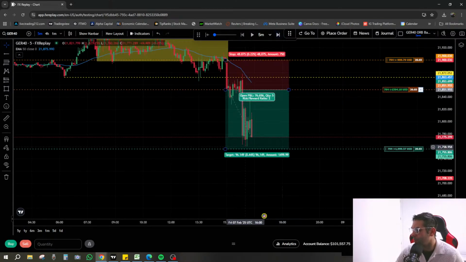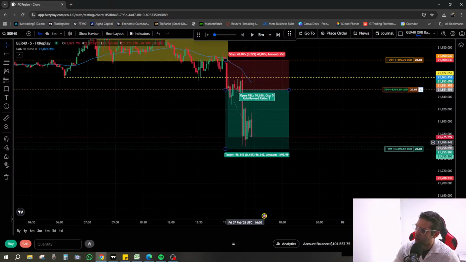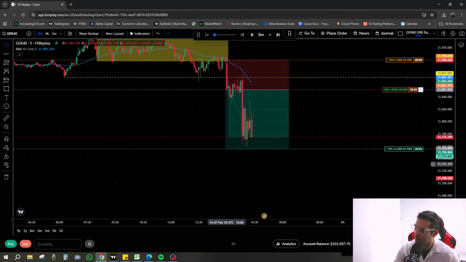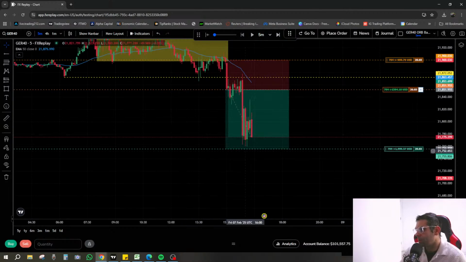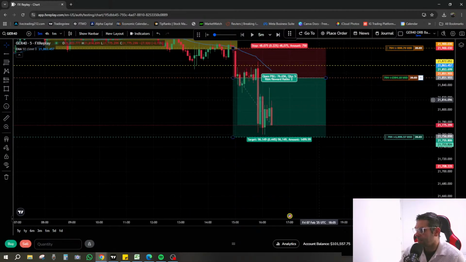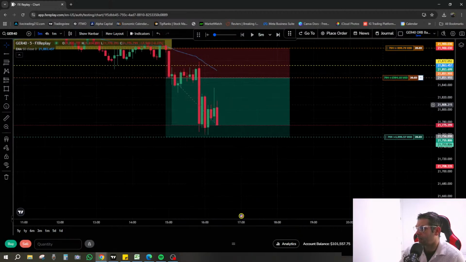I would have stopped it normally here because a lot of times when we have that surge of volume of buyers or sellers, the next candle is usually taking profit. If you have a big red candle, sometimes it's followed by one that is only testing 50% of the breakout candle right here.